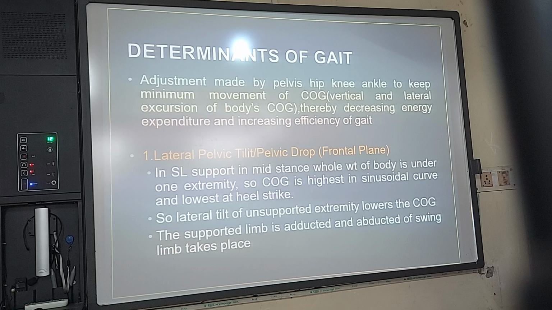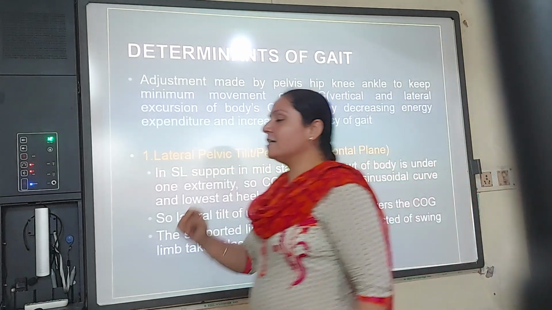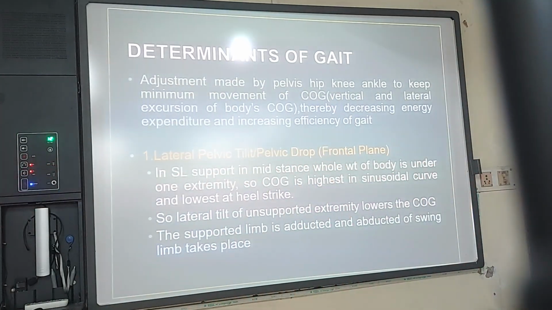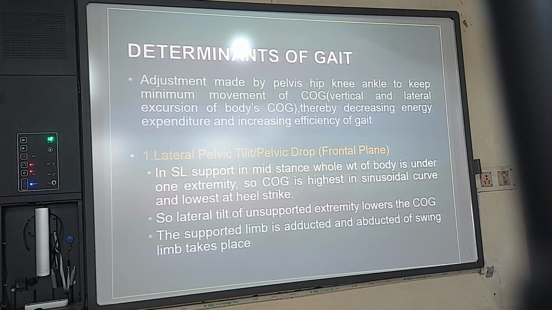That means an adjustment is required. So there is a drop on my non-supporting leg, and there will be an abduction of the non-supporting limb, whereas the supporting leg will go into adduction. This is a normal response which is happening. This is called the lateral pelvic tilt in the frontal plane, or a pelvic drop, wherein you can read later on what is all written.